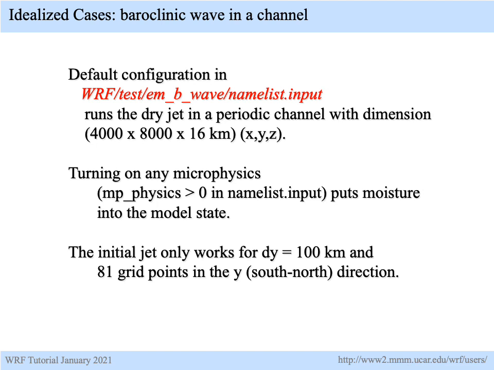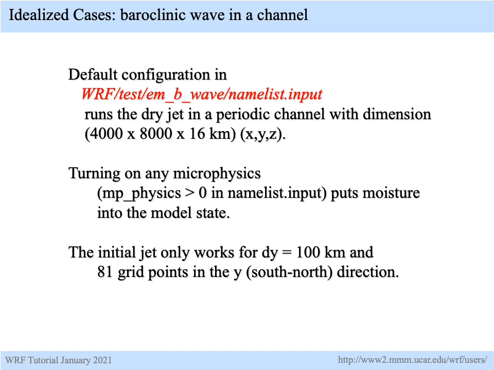As noted, the initial jet structure is part of the release that's provided in a binary file, and it only works for 81 grid points in the north-south direction and with a horizontal mesh spacing in that north-south direction of 100 kilometers.